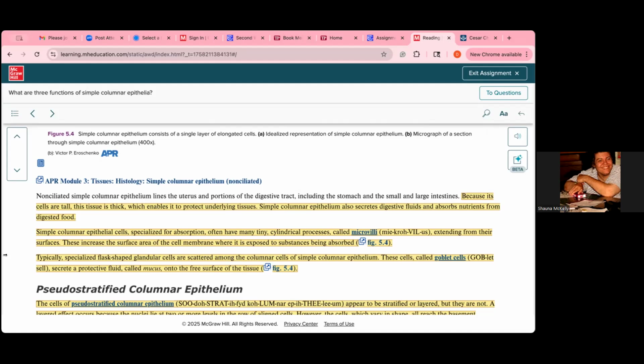Specialized absorptive cells often have many tiny cylindrical processes called microvilli, which increase the surface area of the cell membrane. So the three things it does are protect underlying tissue, secrete digestive fluid, and absorb nutrients from digested food.